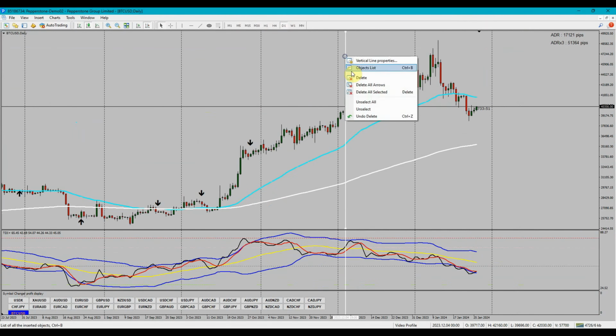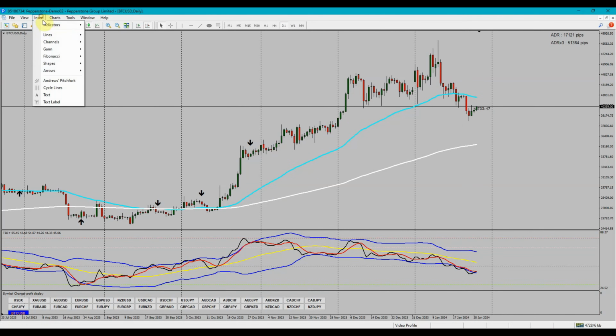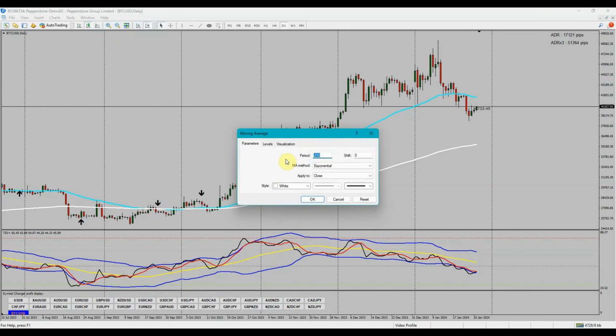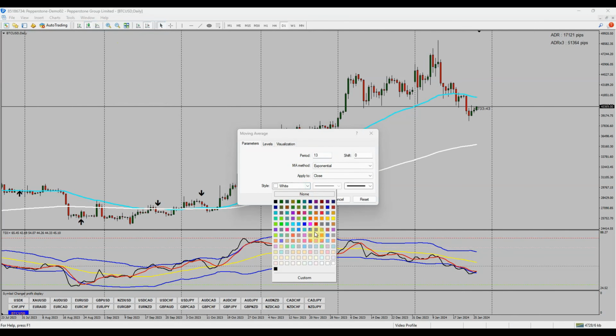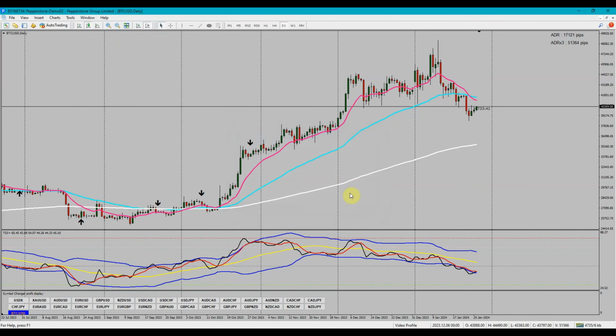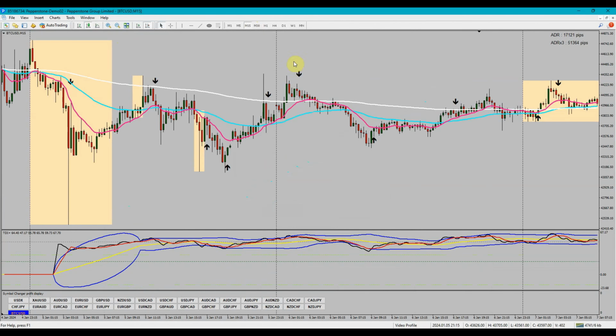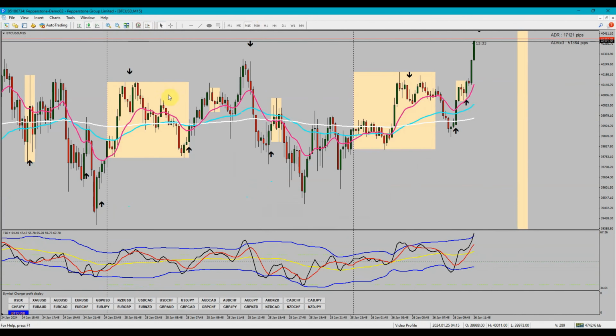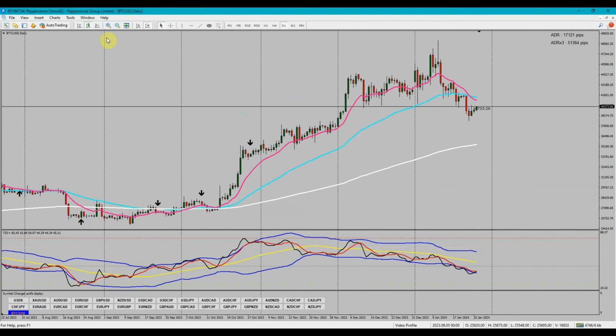Now we will be looking at whether or not price is above or below the 13 EMA on a daily chart. So if I was to look at Bitcoin, I would say, oh, Bitcoin is trading below the 13 EMA. So I would be looking for selling opportunities, even though price is currently buying.